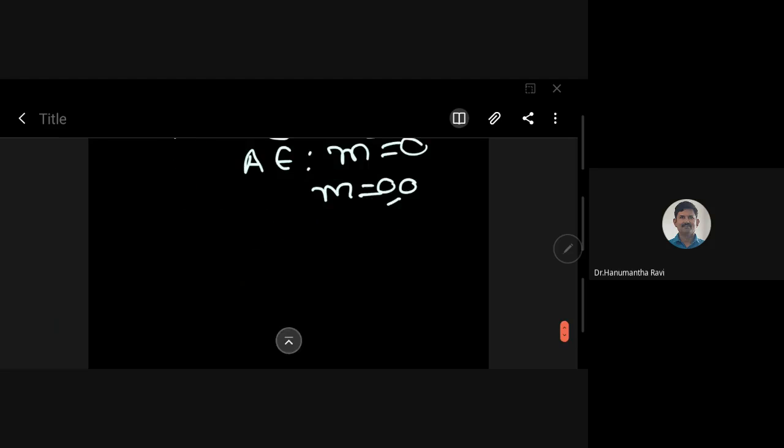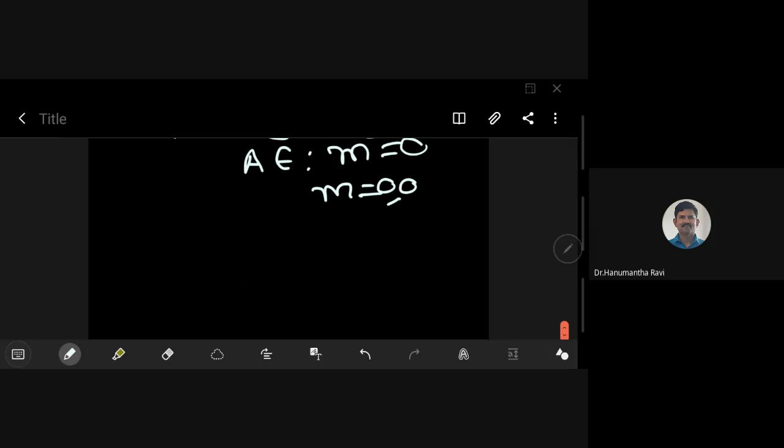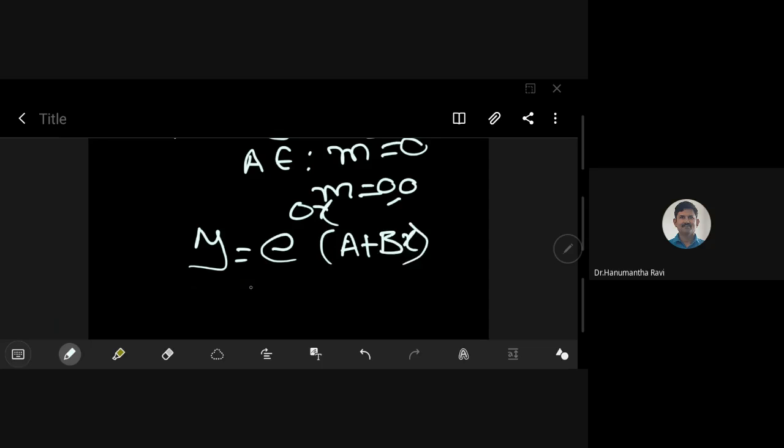If that is the case, then y is e power 0 into x into a plus bx. So y is a plus bx.